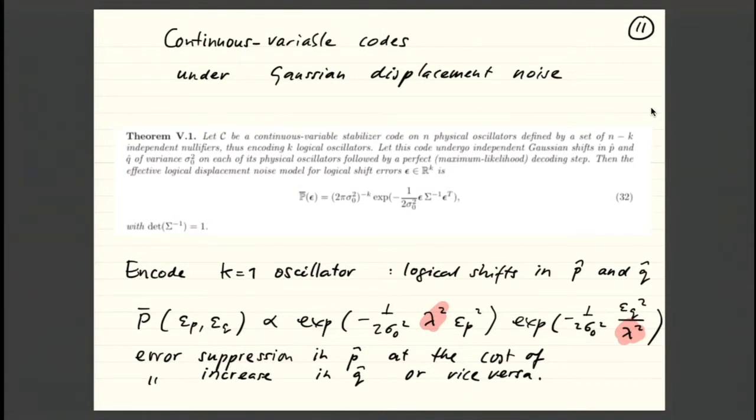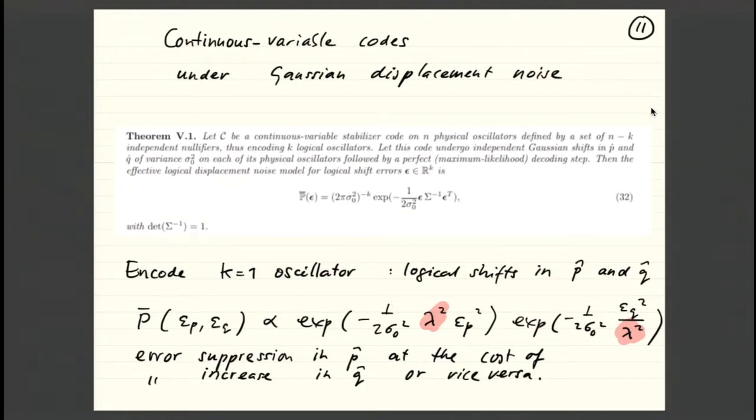So we measure all the nullifiers, we measure all the checks, and we infer what error has happened, what shift has happened. And we make mistakes in doing that, and we get an effective shift channel on the encoded oscillators, right? Because these are also oscillators, so they can also have shifts in P and Q.